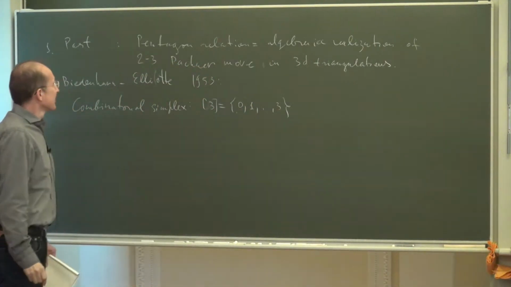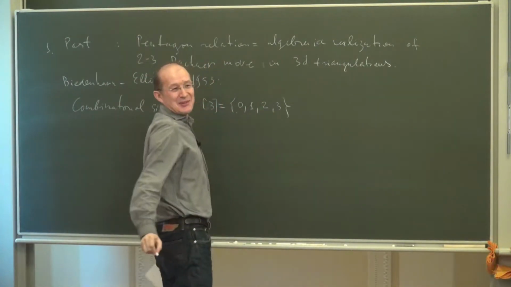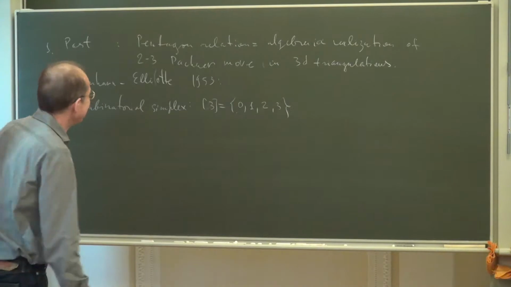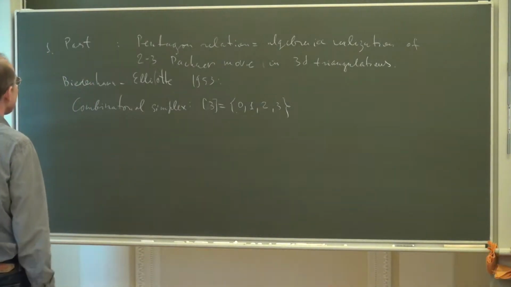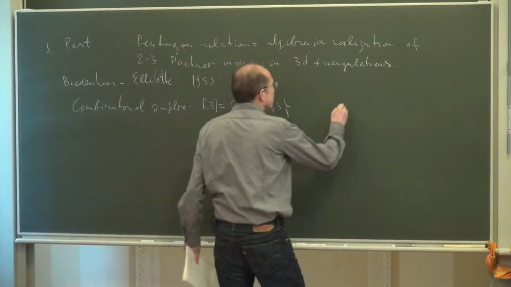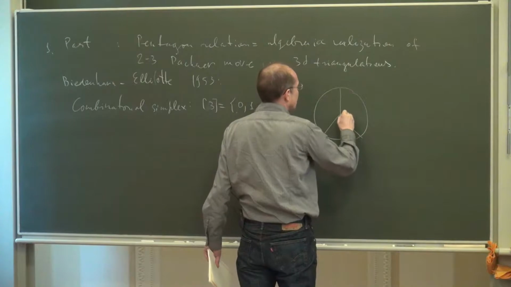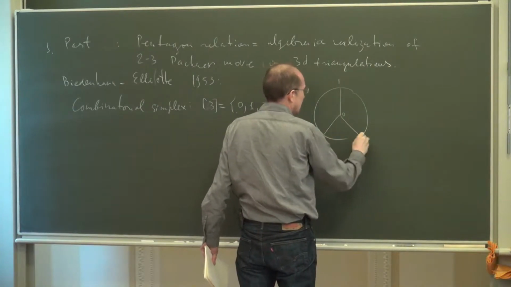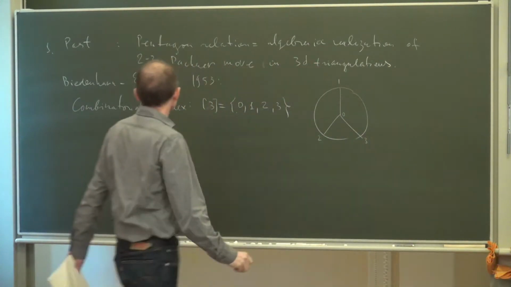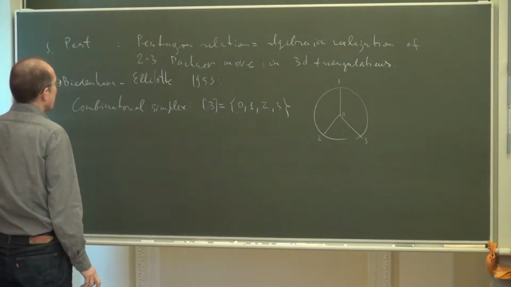So this is a 3-simplex, and we can draw it geometrically by drawing a tetrahedron and enumerating the vertices like this. These will be the building blocks of the identity.